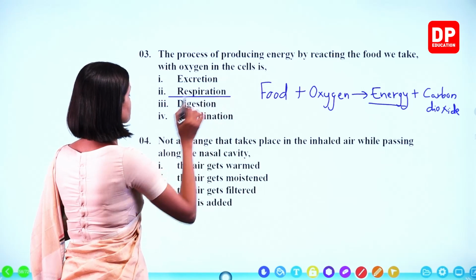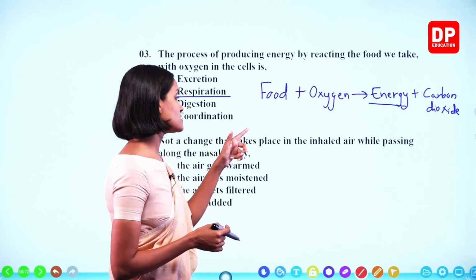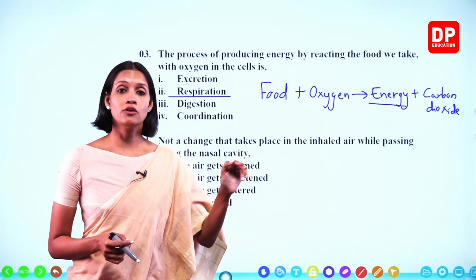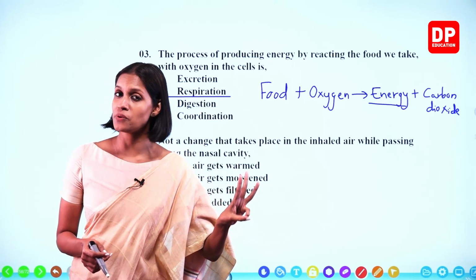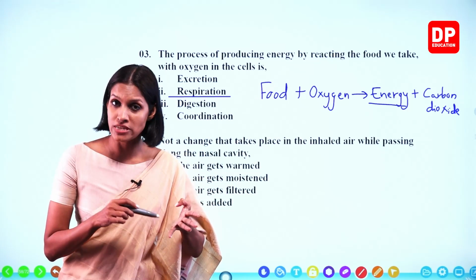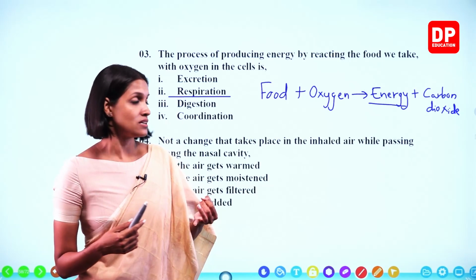Respiration. Number 4. Not a change that takes place in the inhaled air while passing along the nasal cavity. Now you all know there are 3 changes that take place in the inhaled air in the nasal cavity. The air gets moistened, the air gets warmer, and also the air gets filtered, right?